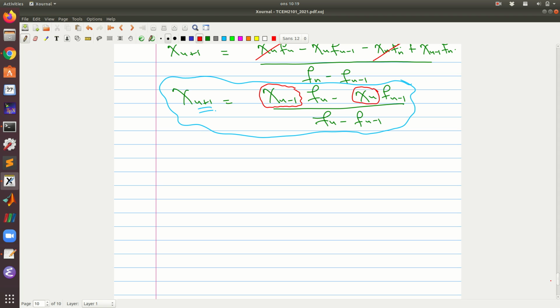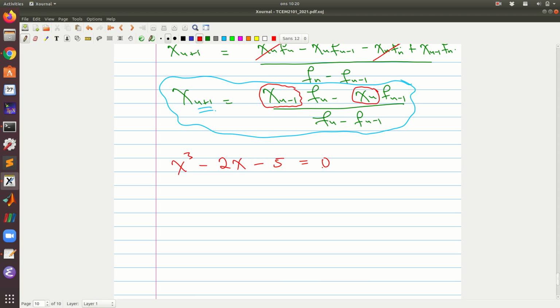The example we have is that we want to find the real root of the function x cubed minus 2x minus 5 equals 0, using the secant method.